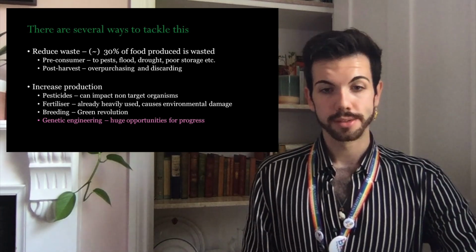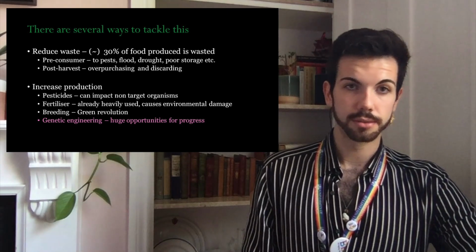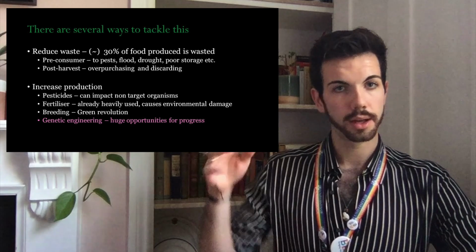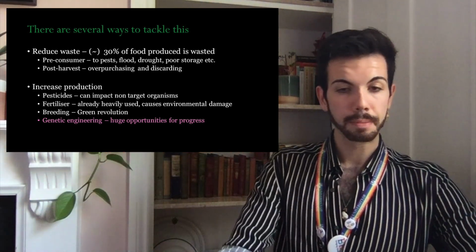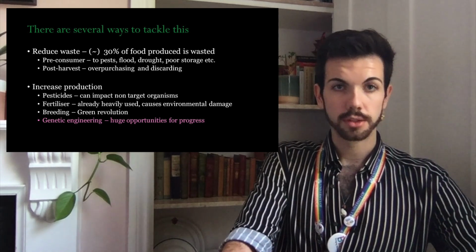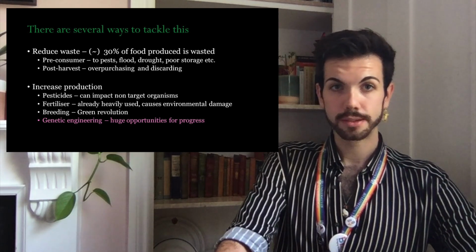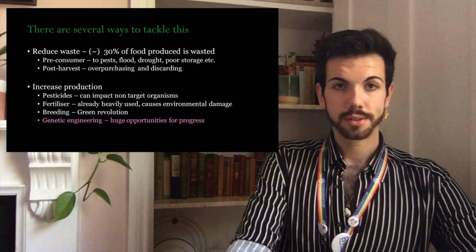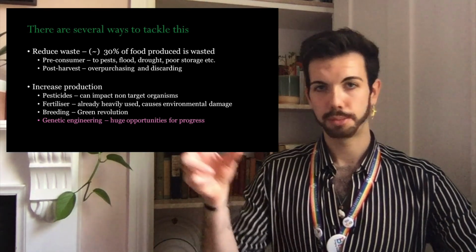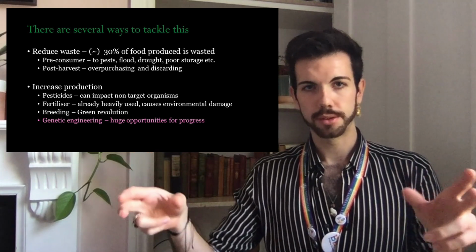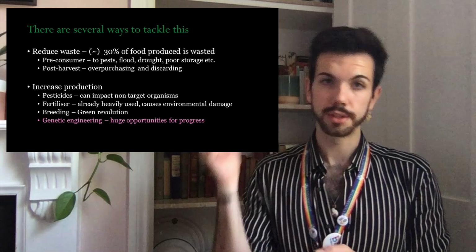There are a number of ways that can be done. Through applying pesticides, but they have their own issues because they can kill higher tier organisms in the food chain. Applying fertilizers, which we do in huge quantities, but they cause environmental degradation. We can attempt to do it through breeding processes, so fairly traditional: this plant really produced a lot, and this other plant produced a lot, so if we cross them, this one should produce even more.